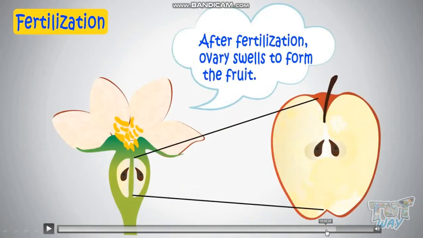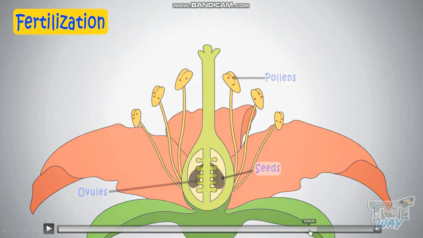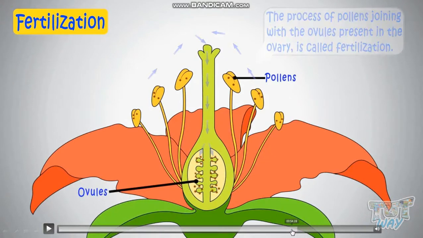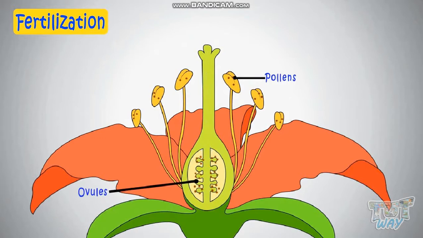Once again, let me show you properly what actually happens. Here, the seed is also being formed. Like here, the pollen flies and then it goes. And then here you see the seed forms, the ovule forms.